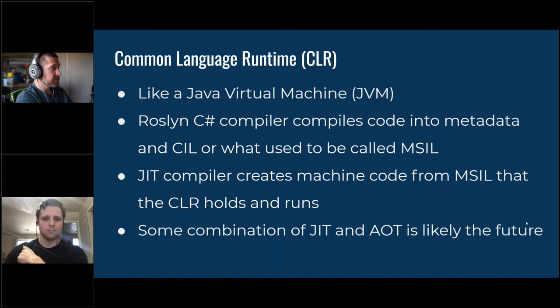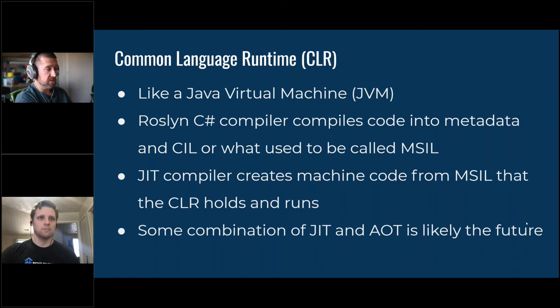So what happens with your typical code? This is something that many people don't really care too much about, but it's an interesting technical discussion about how .NET actually works. For C# and VB, we have something called the Roslyn compiler, and the Roslyn compiler takes the code that we write and compiles it into some metadata and CIL, or the Common Intermediate Language.